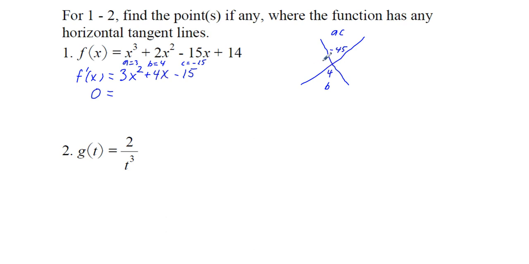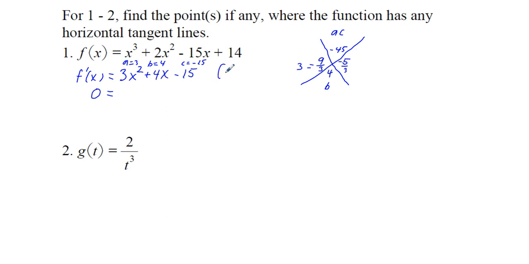So we have 9 and 5. And to get 4, which one has to be negative? Well, 9 has to be negative. So we add those together. And we're going to divide by A now, which is 3, and simplify. So 9 over 3 equals 3. And then we have negative 5/3.